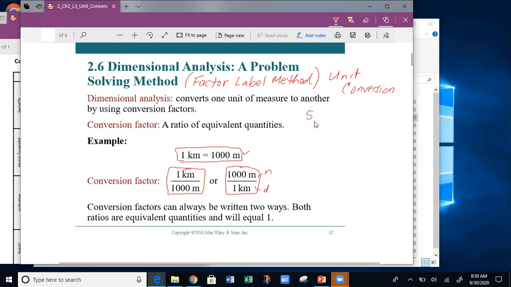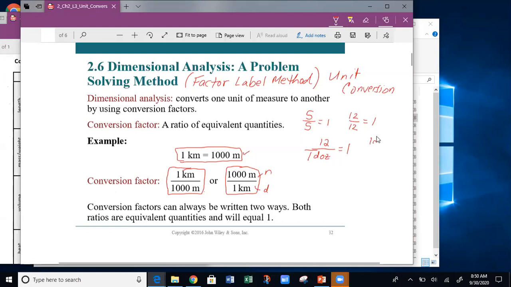If you take something and divide it by itself, it's 1. So 5 divided by 5 is 1. If you take 12 divided by 12, it's 1. If you take 12 divided by 1 dozen, that's also 1, because these 2 things are equal to each other.